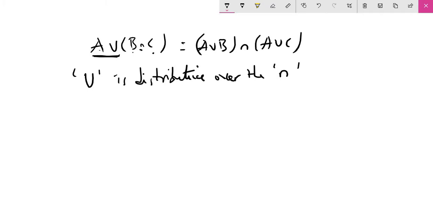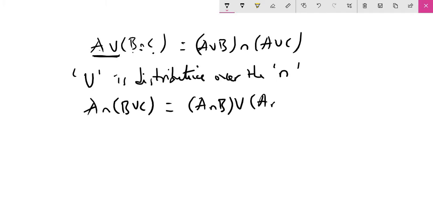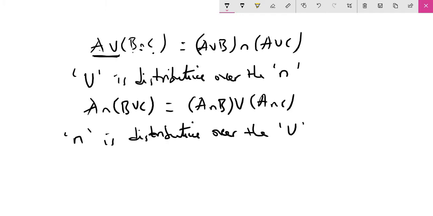Now the one we wrote before was A intersection B union C is given by A intersection B union A intersection C. This means the intersection operator is distributive over the union operator. And that's basically the distributive property. All right.